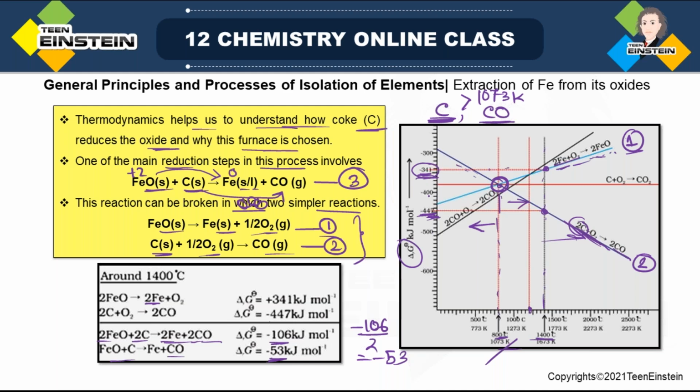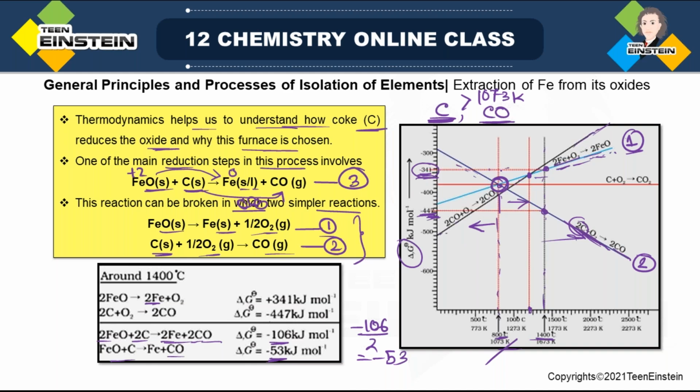But if it is carbon monoxide as reducing agent, now you have to consider this black line. Now this black line is below this light blue line for iron, below this temperature. But above this temperature, this sky blue line is below this black line. That means now carbon monoxide cannot act as reducing agent.